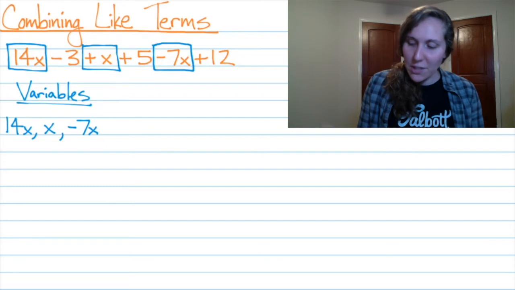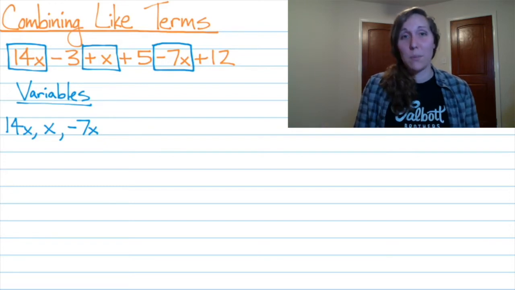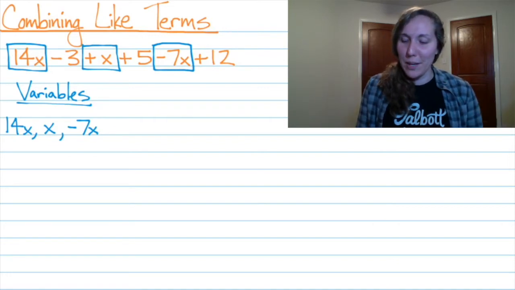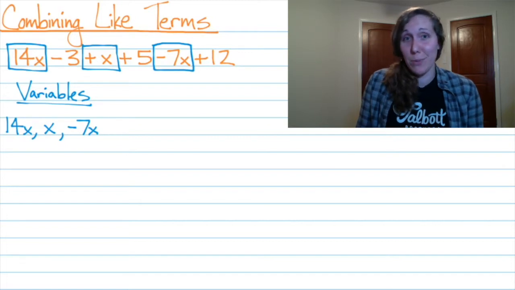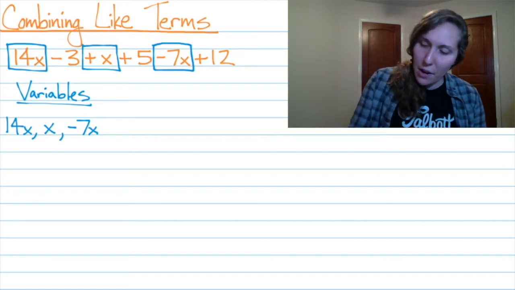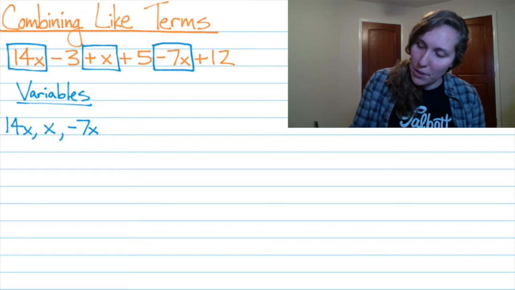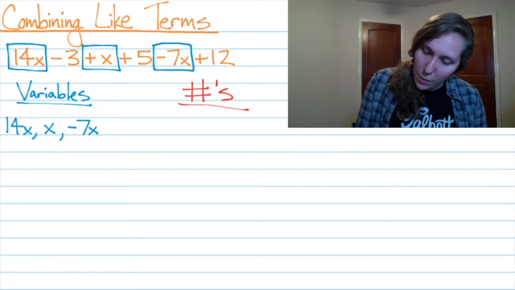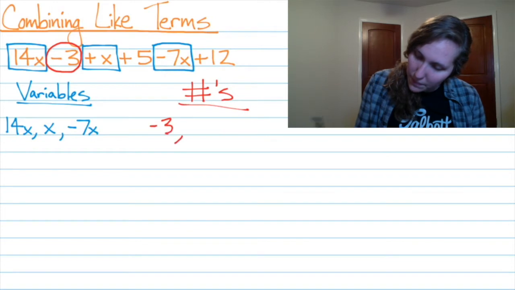So these are actually called variable terms. It's a really fancy way, variable term, of referring to it, but these are just the ones that have variables. That's what we call them. And then there are the ones that have numbers. Let's write those down. They would be the other ones here. So we have -3.